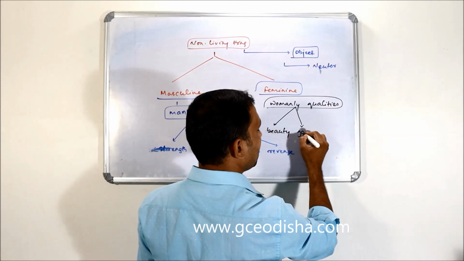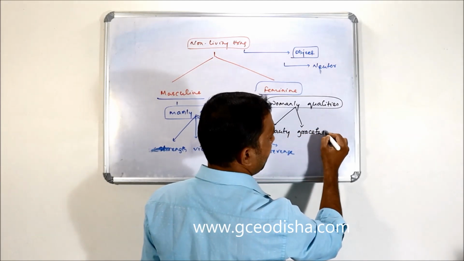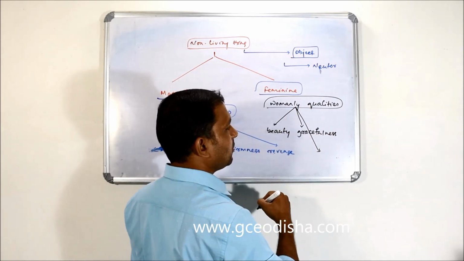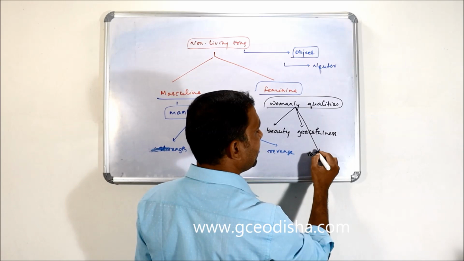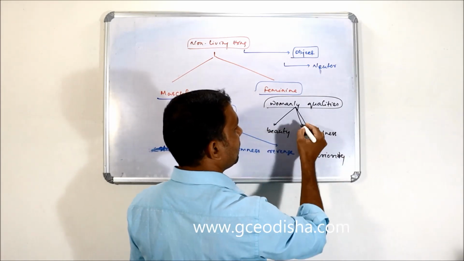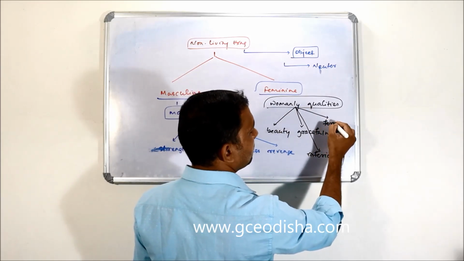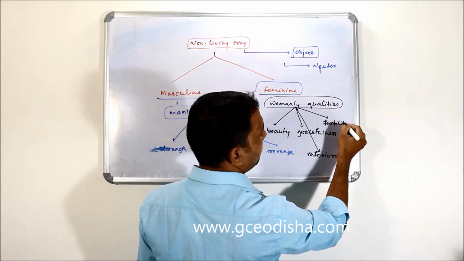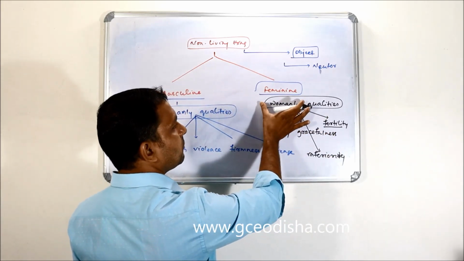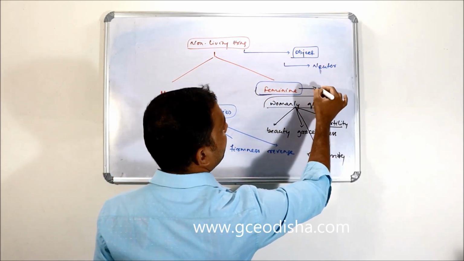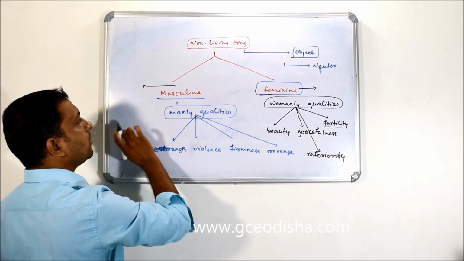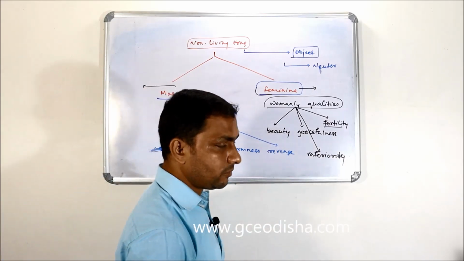Second one is gracefulness. Third one is inferiority. Fourth one is fertility. These are womanly qualities. So if such qualities have been expressed here, we go for feminine gender. If manly qualities are expressed, then we go for masculine gender.